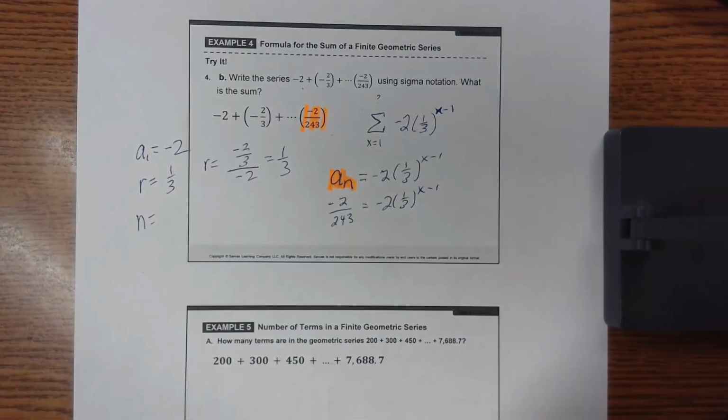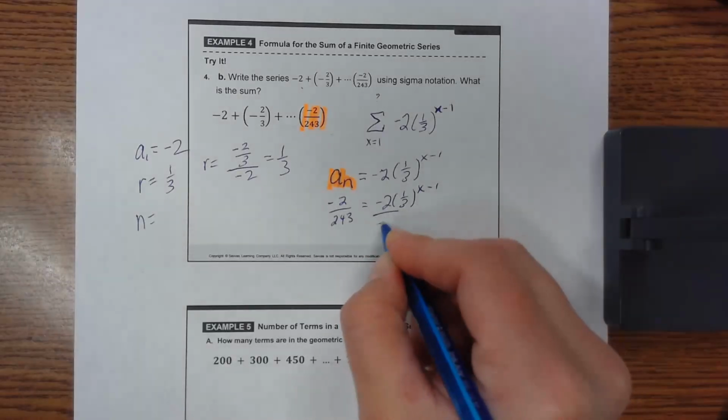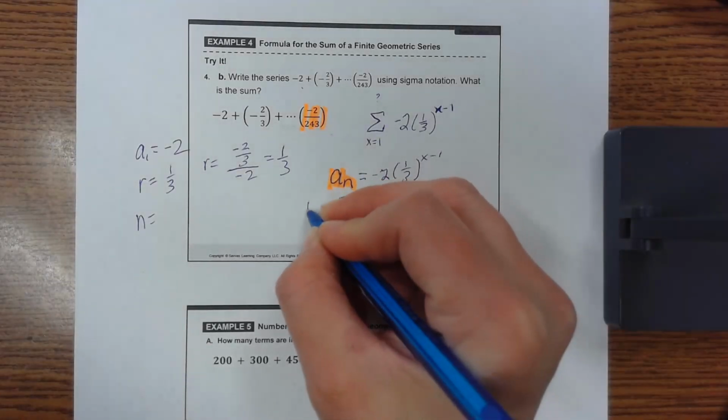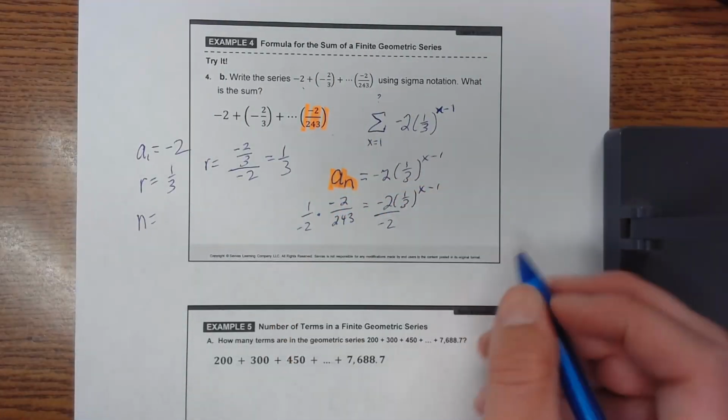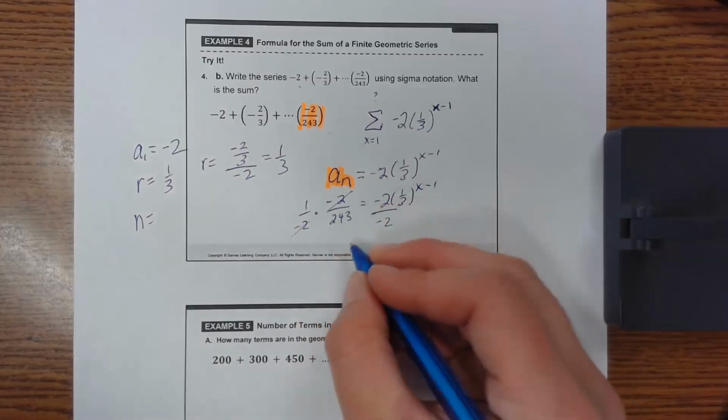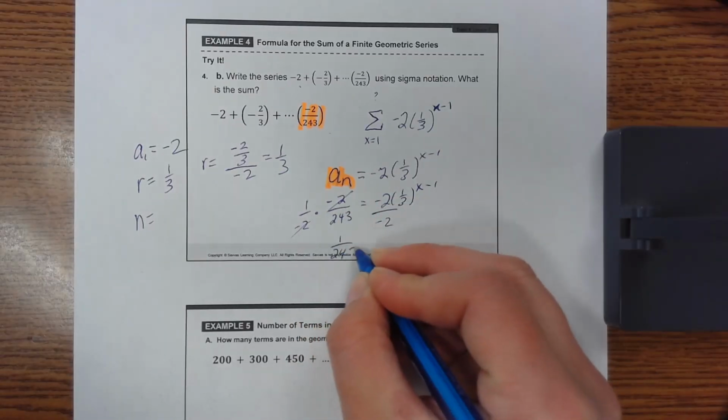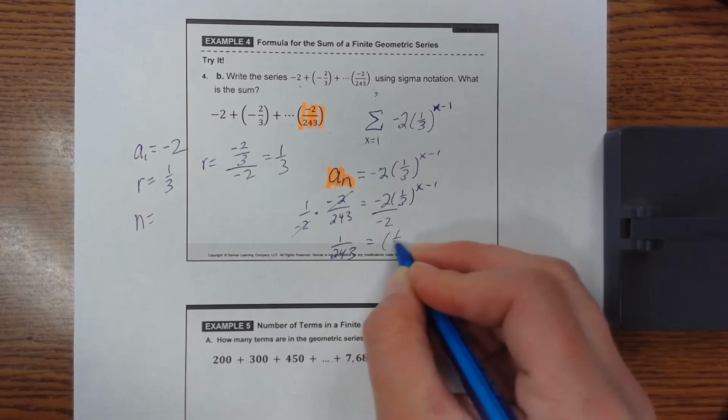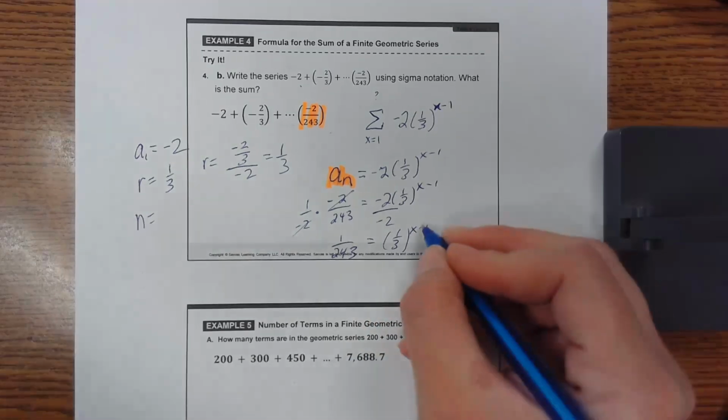Now, anytime you have to find your n, you will always do the same thing. You're going to first divide by -2, which is the same as multiplying by 1/2. We should see that we get 1 over 243 equals 1/3 to the x minus 1.